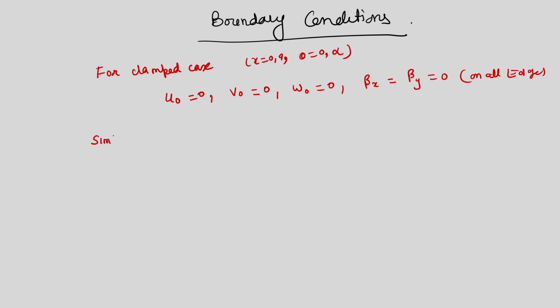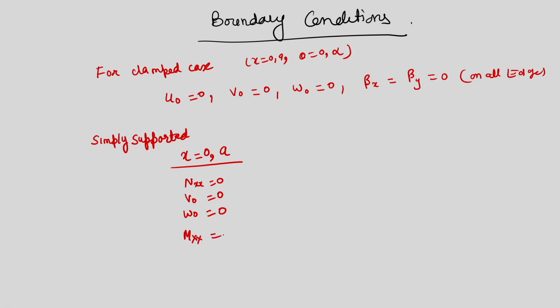If the panel is subjected to simply supported boundary conditions, it is very important to understand that there will be a difference. If the edge is 0 and a, then we need to specify nxx is 0, v 0, w 0, and moment and rotation.